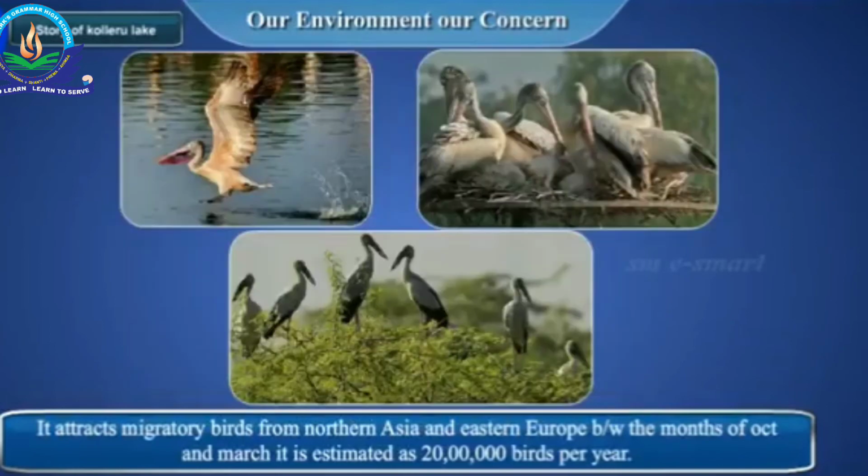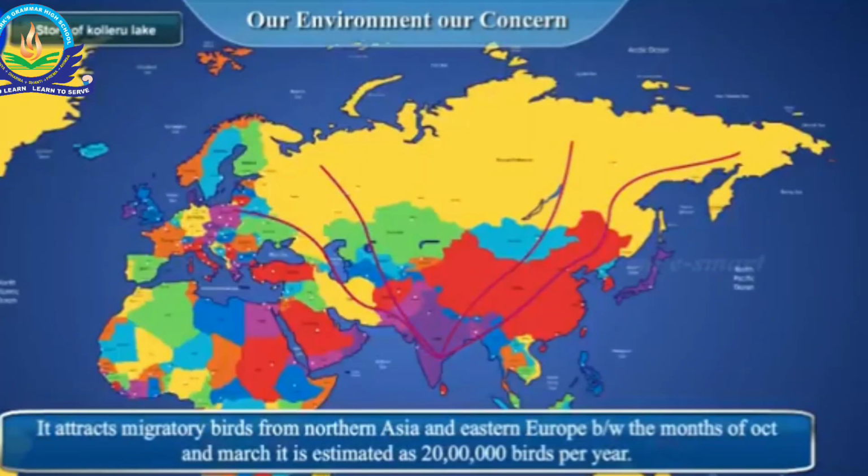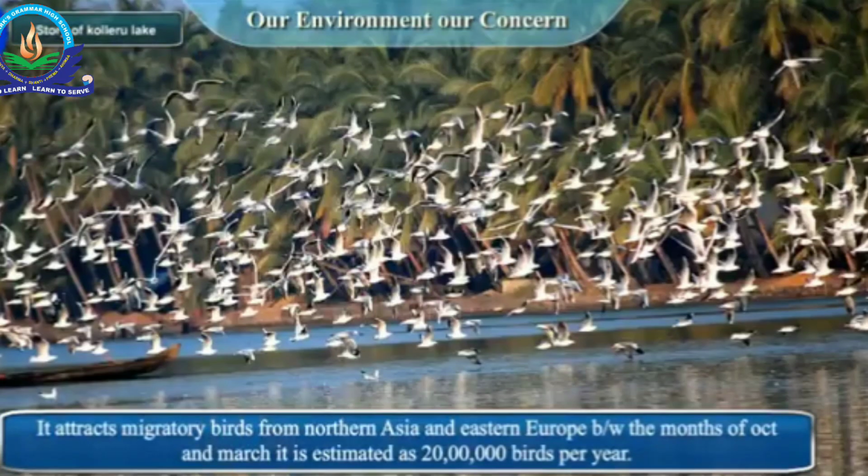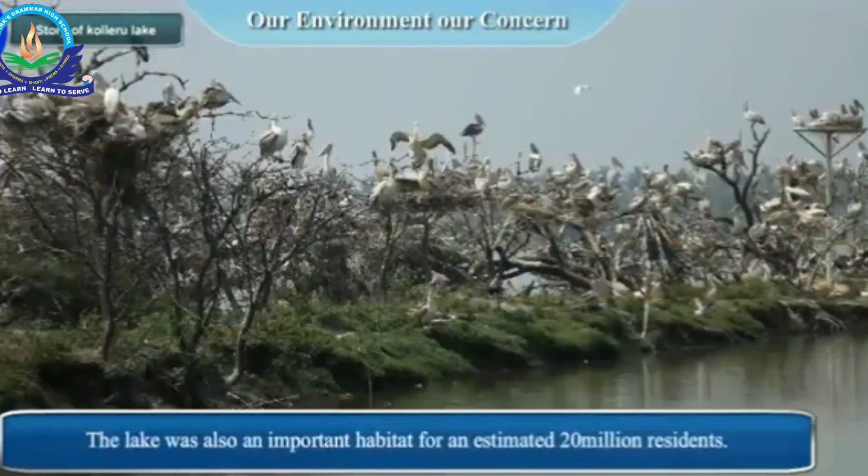It attracts migratory birds from northern Asia and eastern Europe between the months of October and March, an estimated 20 lakh birds per year. The lake was also an important habitat for an estimated 20 million residents.